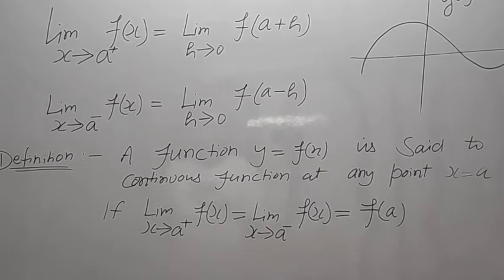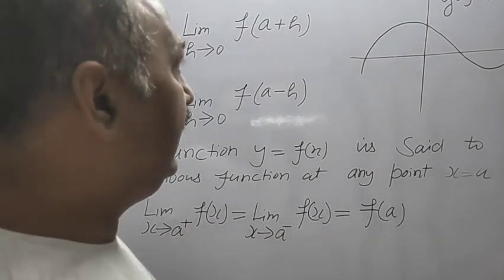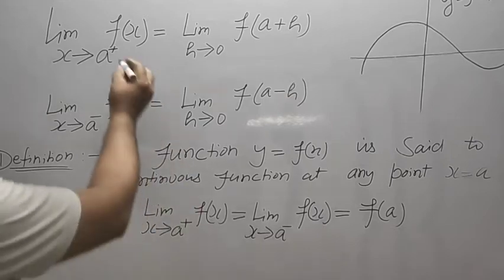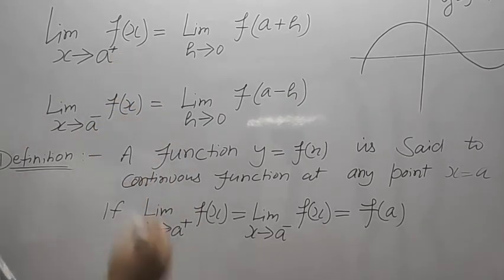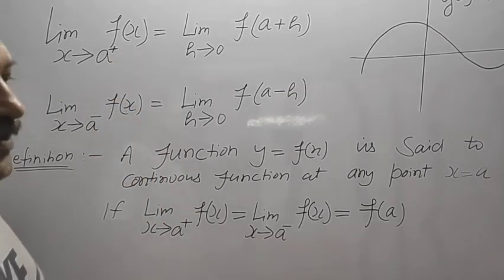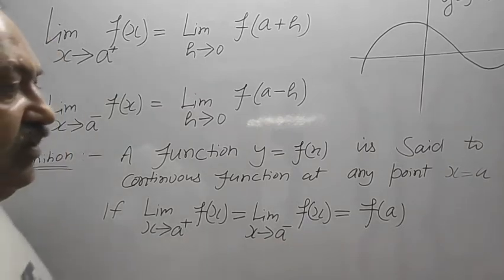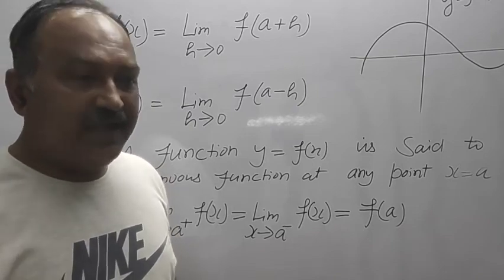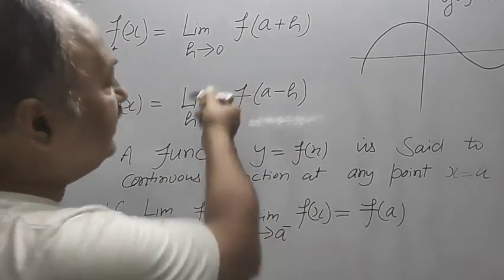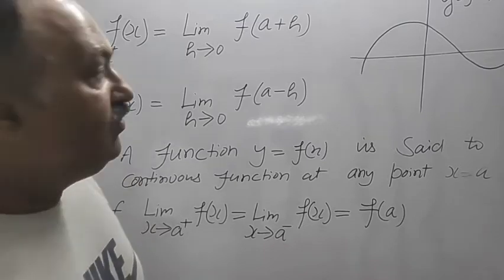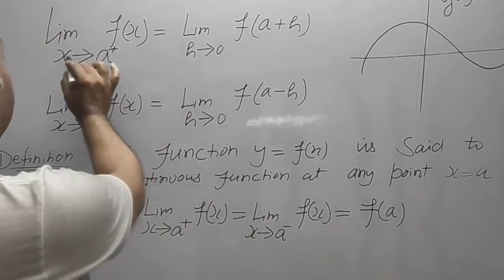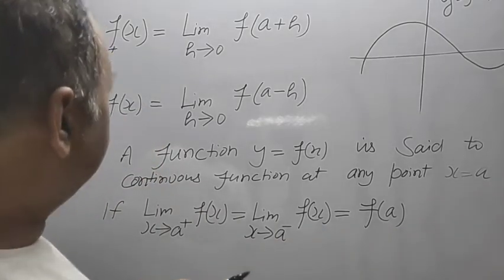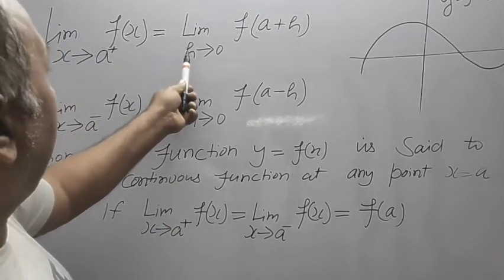हाँ बच्चों, लिमिट के बारे में हमने +1 में पढ़ा है। दो प्रकार की लिमिट होती है, इसे राइट लिमिट बोलते हैं और इसे लेफ्ट लिमिट बोलते हैं। तो कंटिन्यूटी चेक करने के लिए और मैथमेटिकली डेफिनेशन कंटिन्यूटी की देने के लिए हम लिमिट्स का यूज करते हैं। Right limit: limit of x approaches to a plus f of x is equal to limit of h approaches to 0.